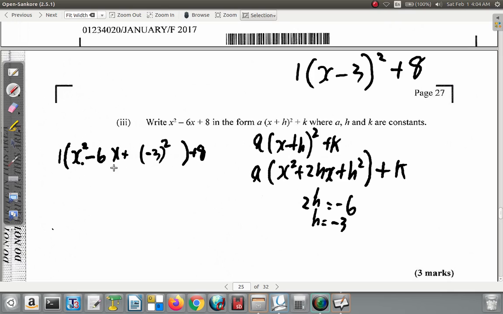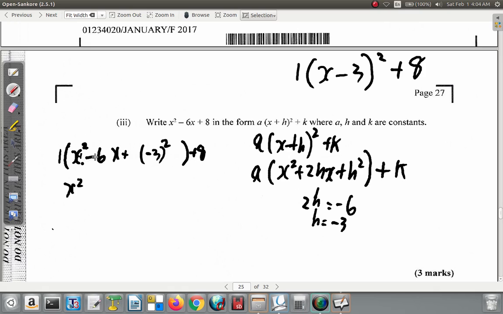Now, keeping to this side, we have x squared. Then remember, our h is negative 3. We have x squared.